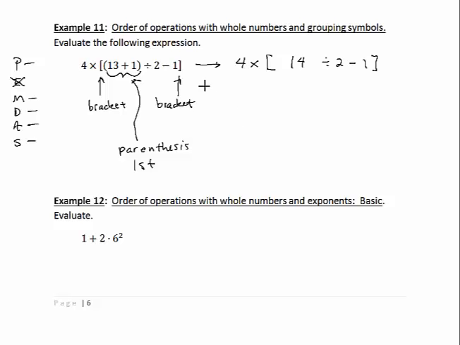So now we can drop the grouping symbols, these parentheses, not the brackets, but the parentheses. We could write this. That's not bad, but we don't want to just sit here and rewrite if we don't have to. We have a single number inside the parentheses. We can drop them and write it this way. Now, again, we are back to PEMDAS.